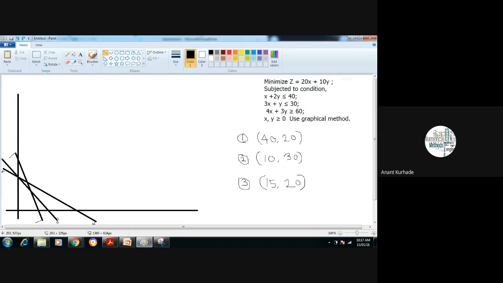We can extend this line. Now for this line, where is the visible region? It is above this line. So from here we can draw arrows above.